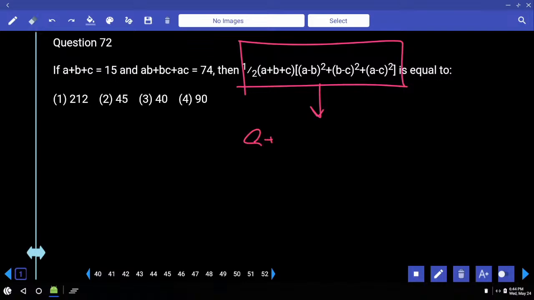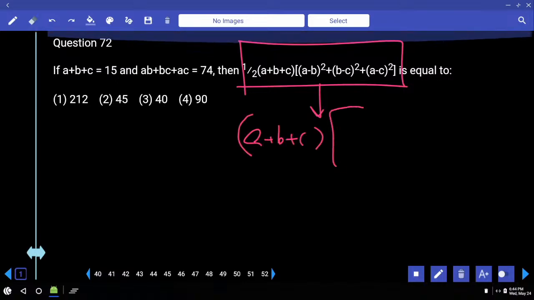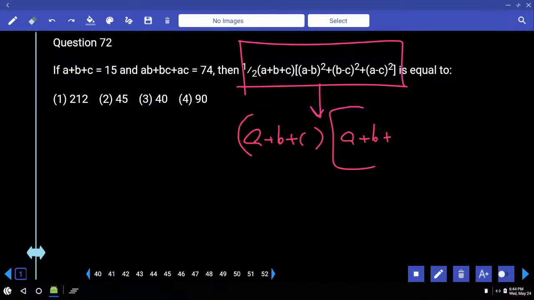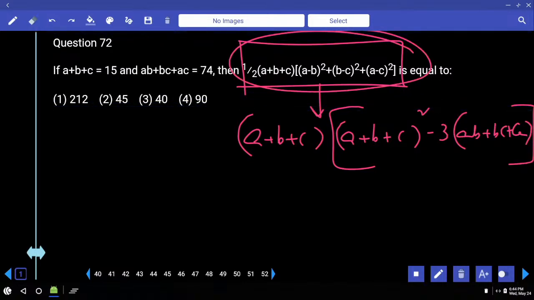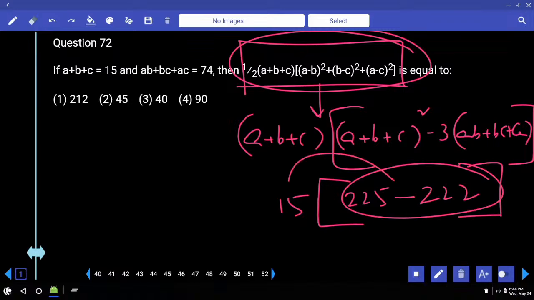That is a plus b plus c into a plus b plus c whole square minus 3 into ab plus bc plus ca. Both are same. Then 15 into 15 square, 225 minus 3 into 74.